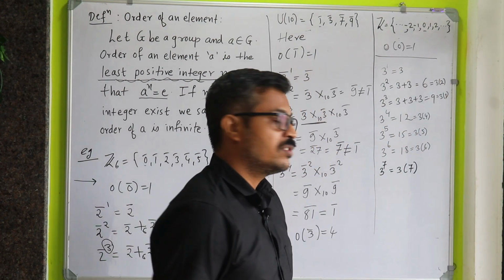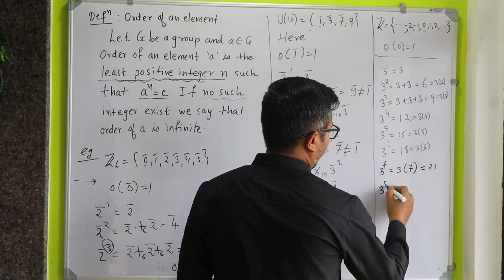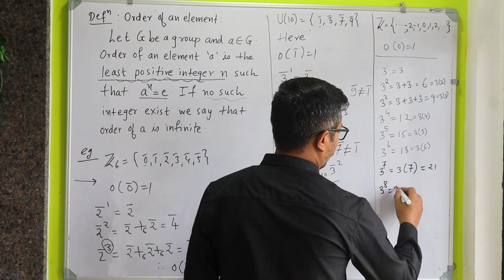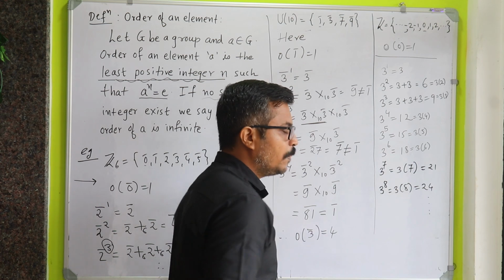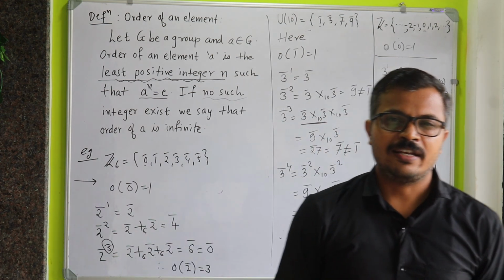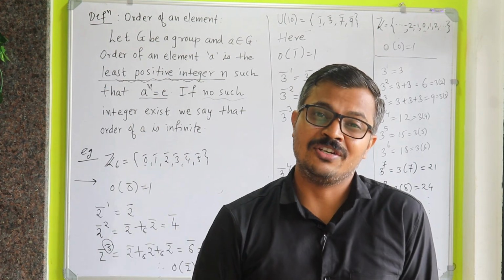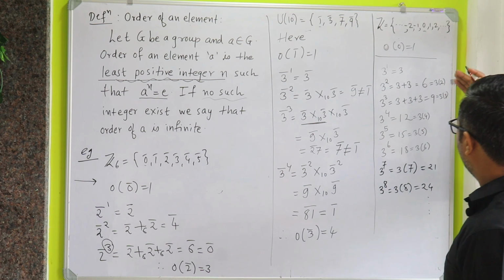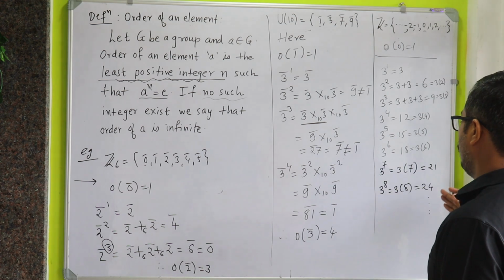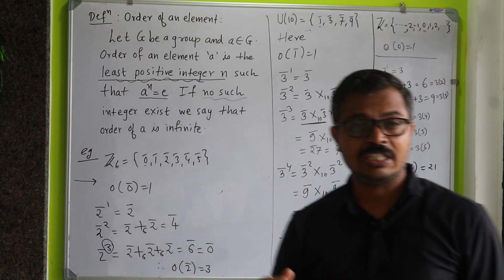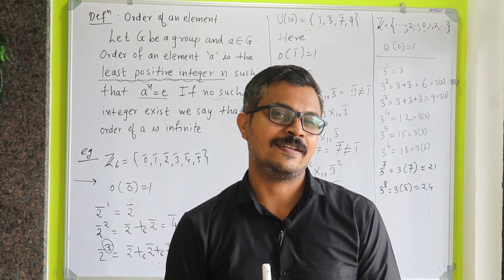For example, 3 raised to 7 will be 3 multiplied by 7, which is 21, and 3 raised to 8 will be 3 multiplied by 8, that is 24. As we observe the pattern, the number on the right hand side just keeps increasing, right? So 3, 6, 9, 12, 15, 18, then 21, 24, 27, 30, 33, and so on. So we will never get 0 on the right hand side.